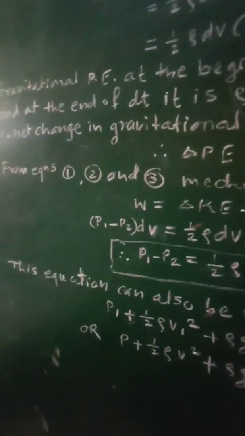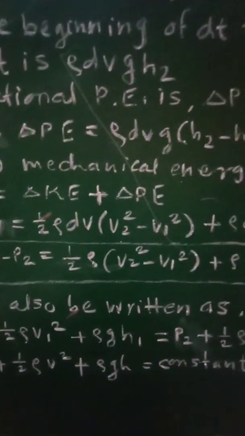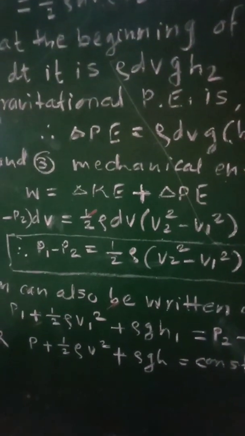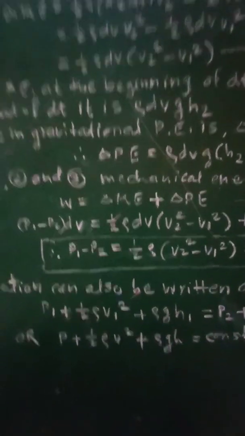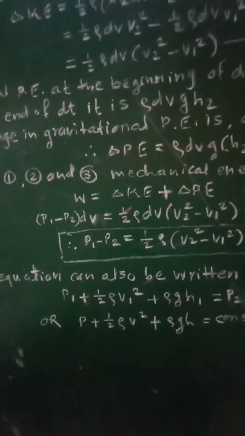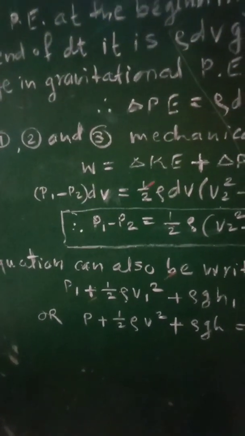Now from equations 1, 2 and 3, the mechanical energy is given as W equal to delta KE plus delta PE, and from equation 1, W is nothing but P1 minus P2 into dV.